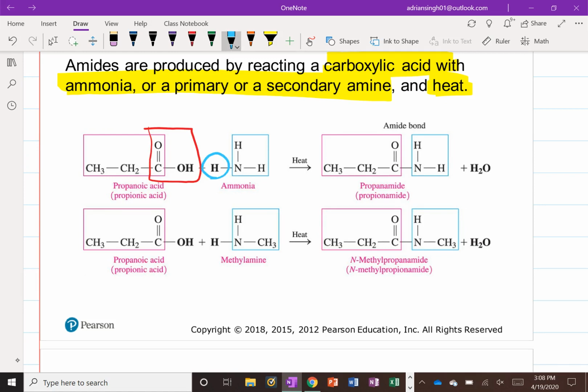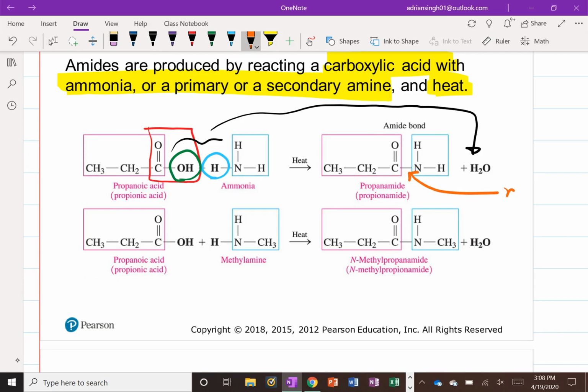So what's going to happen is the OH from the carboxylic acid is going to combine with an H, either from an ammonia or a primary or secondary amine, and those two things combine to make water, right? We have H and we have OH. So water is produced, and then we end up making a brand new bond now between that carbon of the carbonyl and that nitrogen. All right, so this is the new bond that we make here.